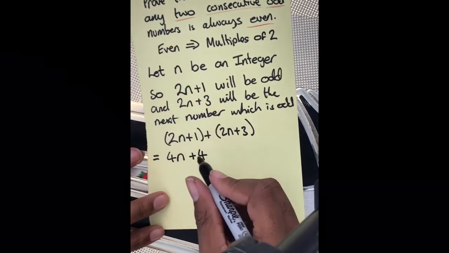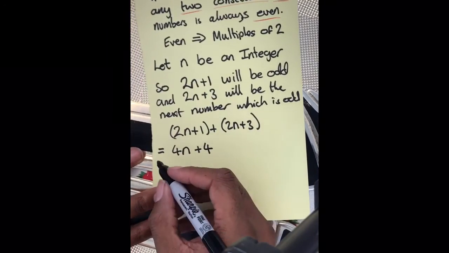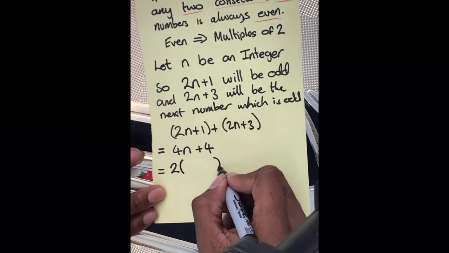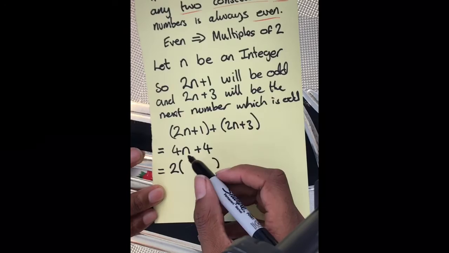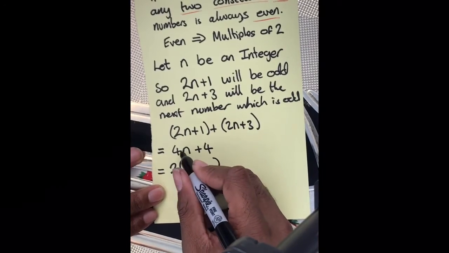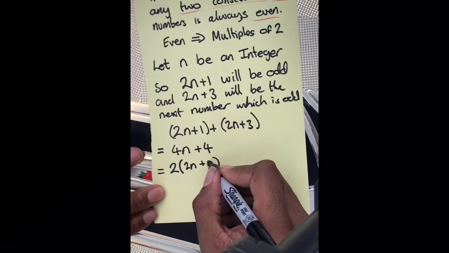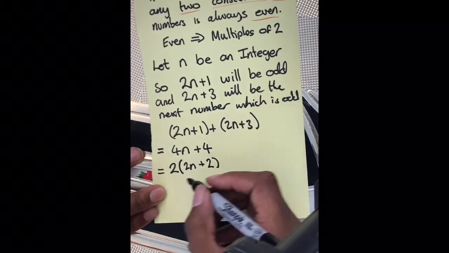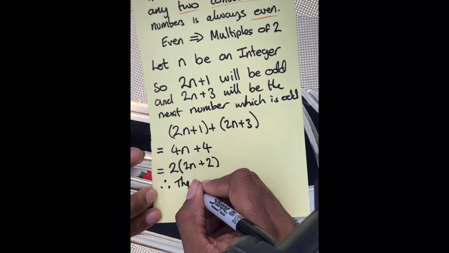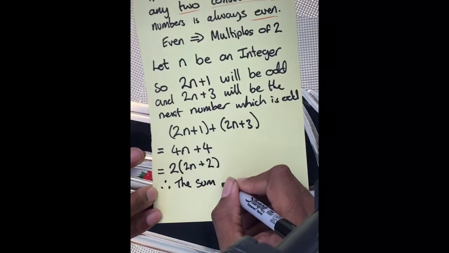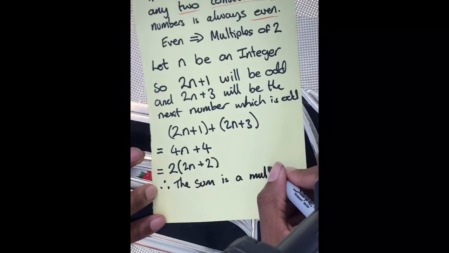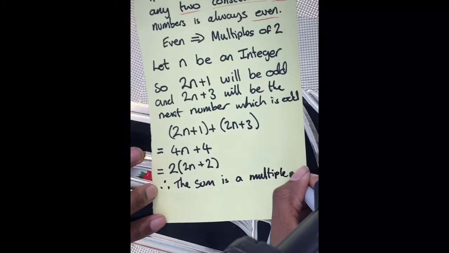Again, I'm looking at that, I see that both of these numbers are in the 2 times table. So I'm going to write it down, saying 2 times something will give me this answer. And with your factorization skills, you should know that 2 lots of 2n will give me my 4n, and 2 lots of 2 will give me my 4. Therefore, the sum is indeed a multiple of 2.